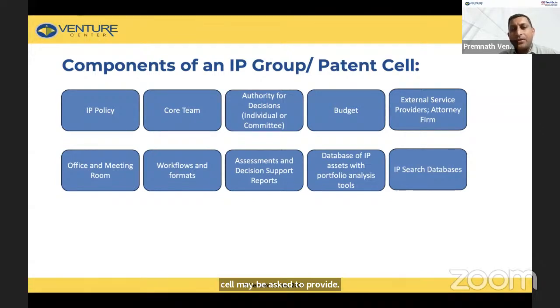So if you have 100 or 200 patents to deal with, you should have a database with some amount of portfolio analysis tools. For example, if you want to decide that, look, I want to have a portfolio which is focused on, say, gene editing, right? Then you should be able to say, how many assets do you have which are related to gene editing?